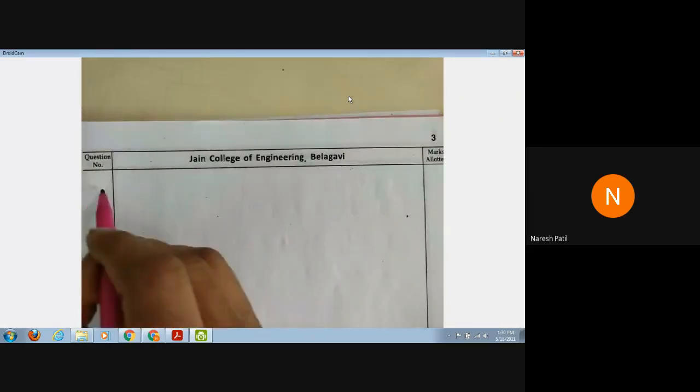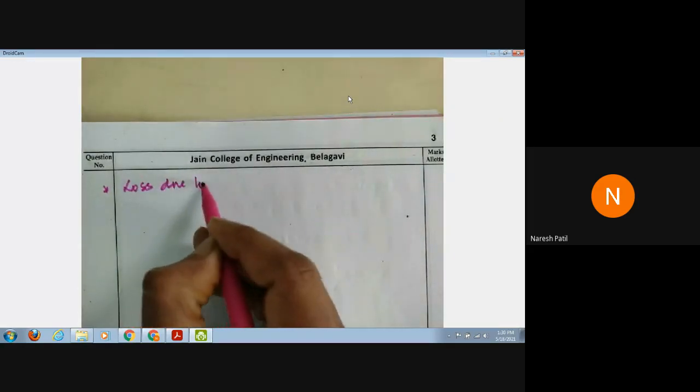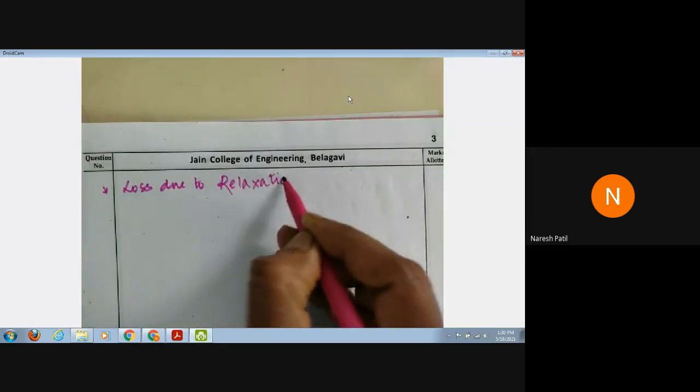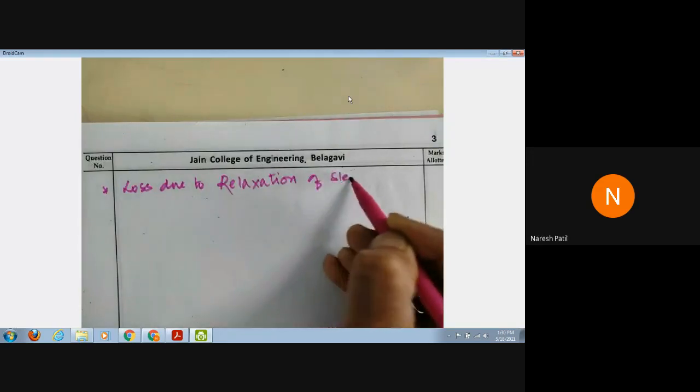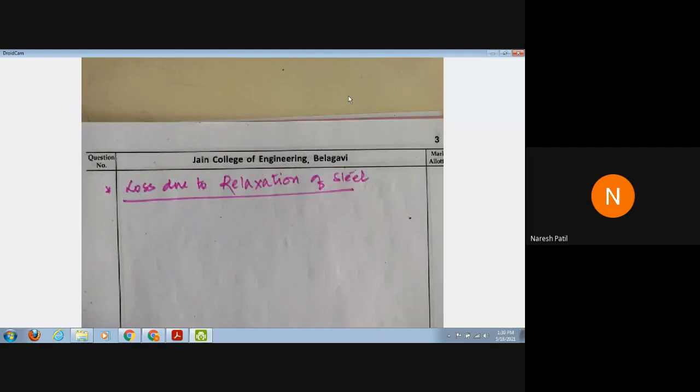Chalo. So next is the next loss is loss due to relaxation of steel. Okay. देखो यहाँ पे next है, the next loss is loss due to relaxation of steel. This is what loss due to relaxation of steel.